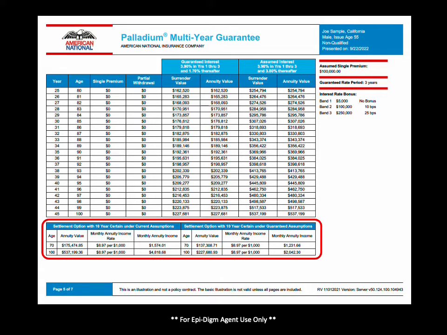That's because this one is showing that at age 70, if the client wants to take an income and do it in 10 years certain, meaning do everything in 10 years, he'll get $1,574.01 every month for the next 10 years, and it stops. There's no more money. If the client wants a lifetime income, can he do that? Yes, he can, but the amount will be smaller. That's all it's saying.